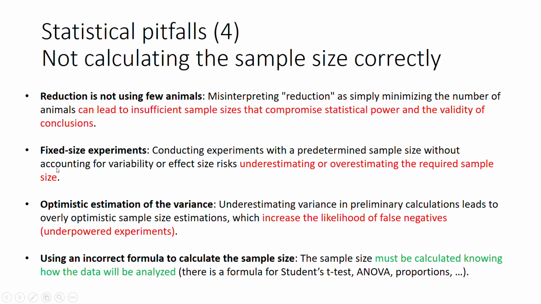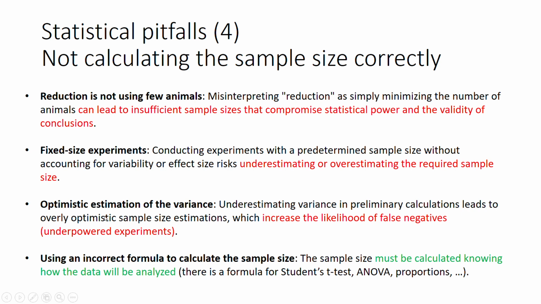Then if you use fixed size experiments, you always do the experiments with 8 animals, you may underestimate or overestimate the required sample size. The number of animals should be adapted to the variability that you expect, and also to the size of the changes that you want to detect.